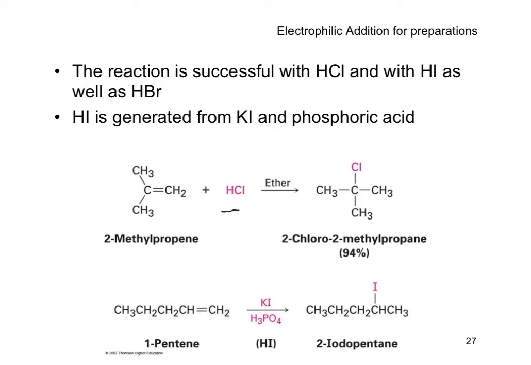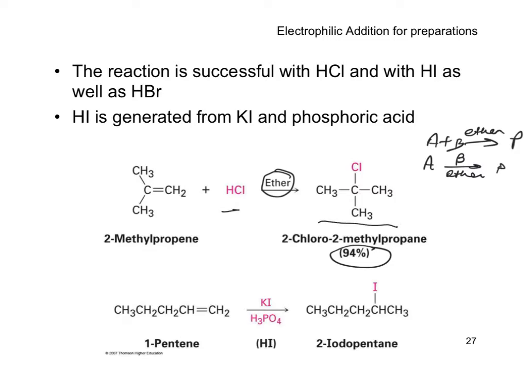condition. Again, to remind you that whenever you have ether written, the solvent is typically on top of the arrow. A plus B can also be on top of the arrow, and then it gives you the products. You can also write it as A, B on top, and then the solvent under the arrow. So different ways of saying the same thing, but look at the yields. We are looking at like a 94% yield. That means the majority of your product is going to be the product that you're seeing for this particular substrate.